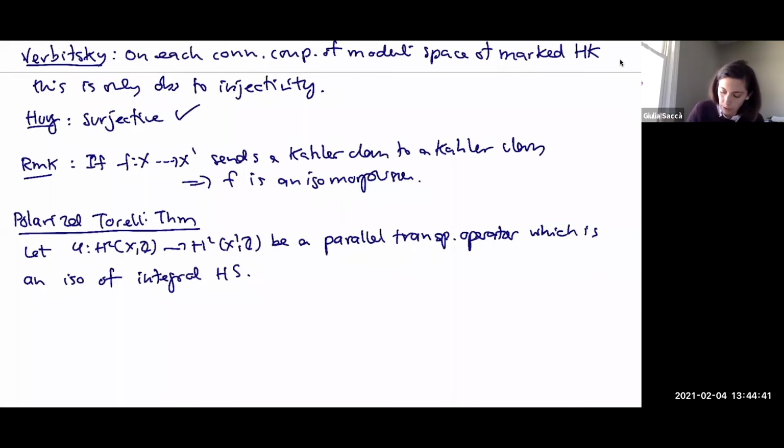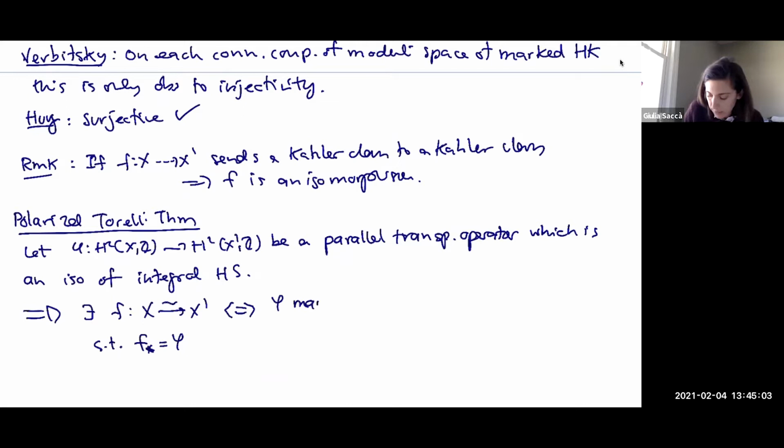Let me finish the statement and then I'll say what a parallel transport operator is. Then there exists an isomorphism f from X to X' such that f lower star is equal to φ if and only if φ maps a Kähler class to a Kähler class.